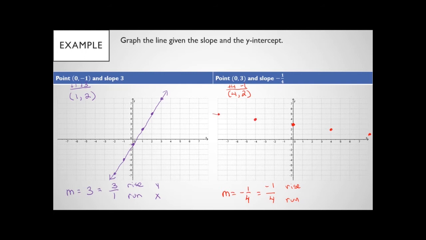And then I'm going to attempt to connect these. Not the best. I missed my last point, but it's close enough. You can see that that gives you your equation of a line. And just like I did the math, my next point was (4, 2), and you can see that on your graph.